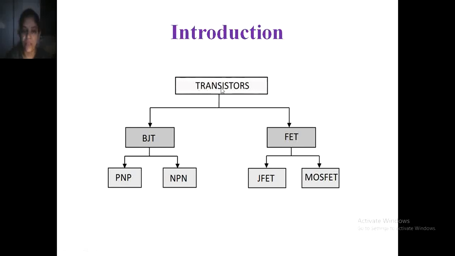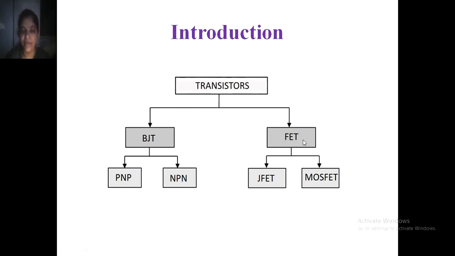Now we can differentiate the transistors. First, the BJT, that is the bipolar junction transistor. Why is it known as the bipolar junction transistor? Because both electrons as well as holes are responsible for the flow of current. That's why it is the bipolar junction transistor.